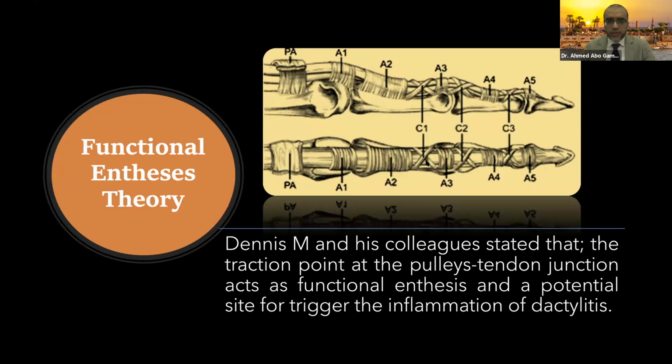We have these pulleys from A1 to A5, and these pulleys have an attachment site to the tendon covering at this angle. During tendon movement, there is a friction point between the tendon and the pulleys, and this could initiate an area of response for a deep Koebner phenomenon that initiates the dactylitis.